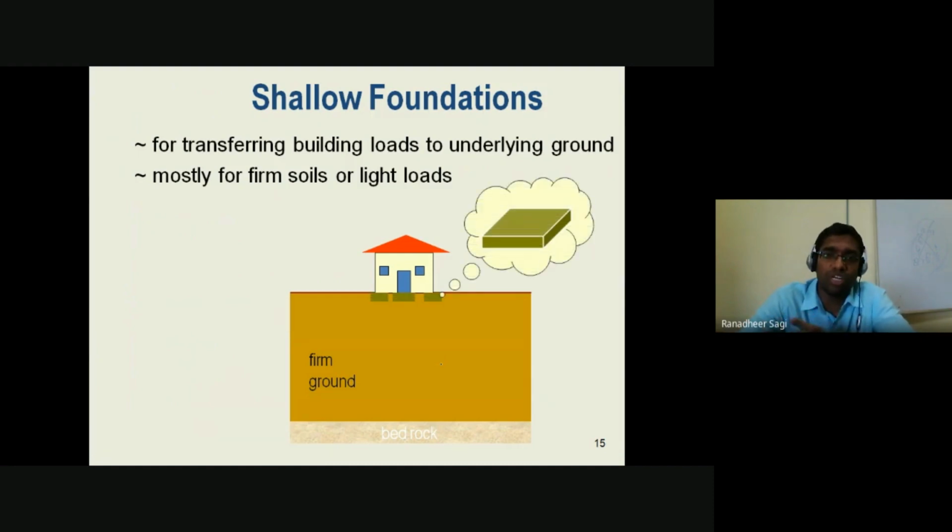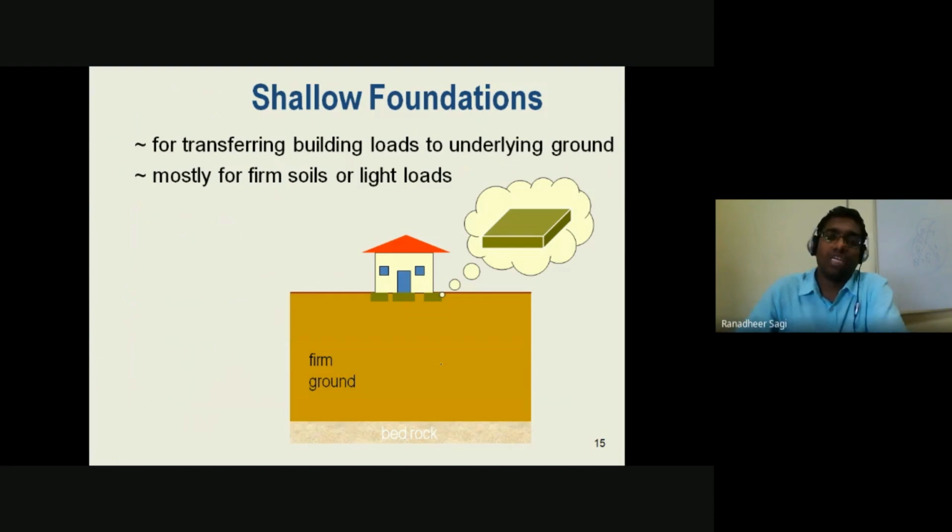That will be understood based on the soil on which the foundation has to be constructed, whether it is a hard soil strata or a weak soil strata, and whether the loads coming from the superstructure are very light or very heavy. Depending on that, we decide whether it is a shallow foundation or a deep foundation.